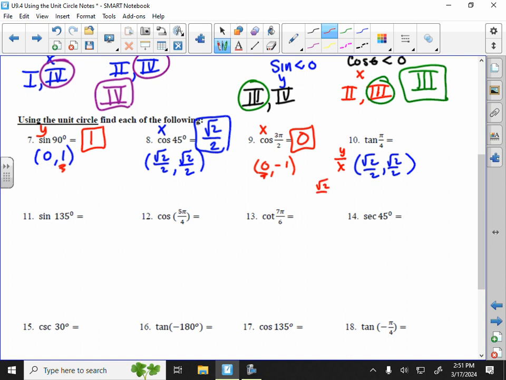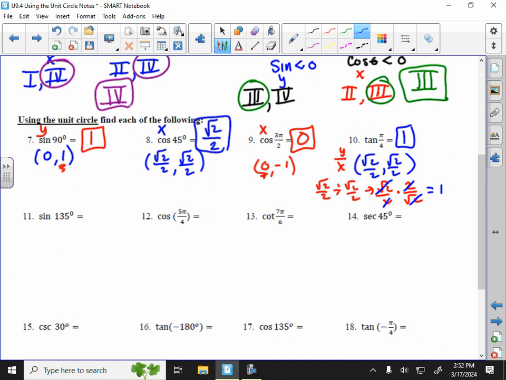So if we take root 2 over 2 and divide it by root 2 over 2, that's the same as root 2 over 2 times 2 over root 2. Okay, we'll cross cancel all this stuff. Since everything cancels, it's 1. And you should also recognize that if you took anything and divide it by itself, it's 1. All right, so root 2 over 2 divided by root 2 over 2, since they're exactly the same, it's going to simplify to 1.